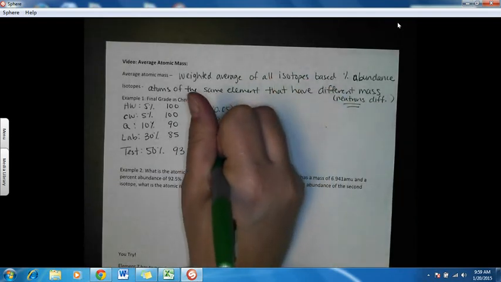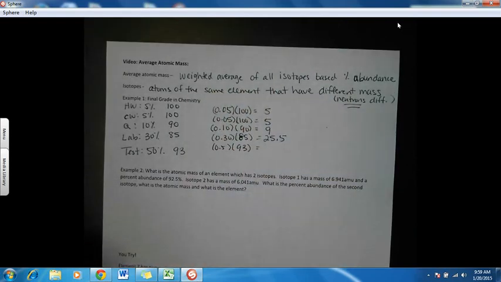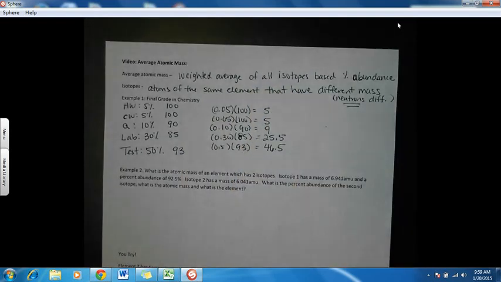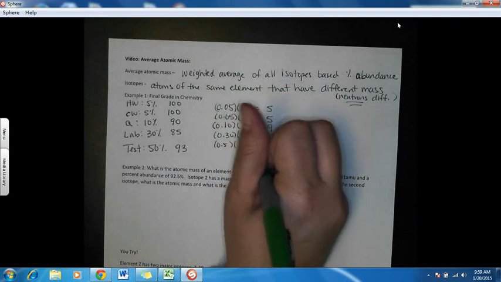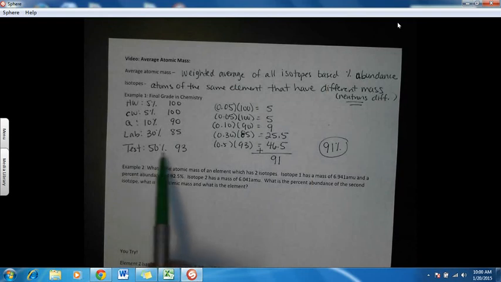And then 0.5 times 93 for our test gives us 46.5. Now, to get our average, we would simply add all those together, and we would get a 91. So our average would be 91%. And you see that that average is closer to the 93 than to the 85, right?